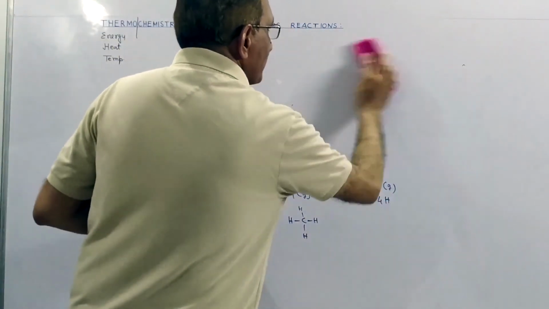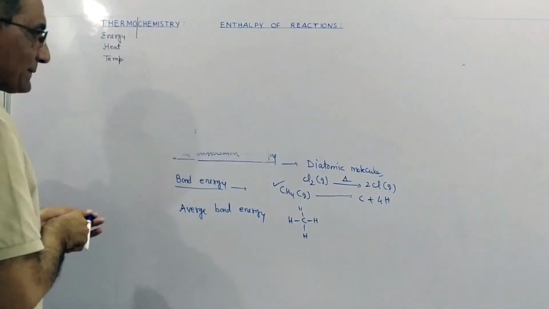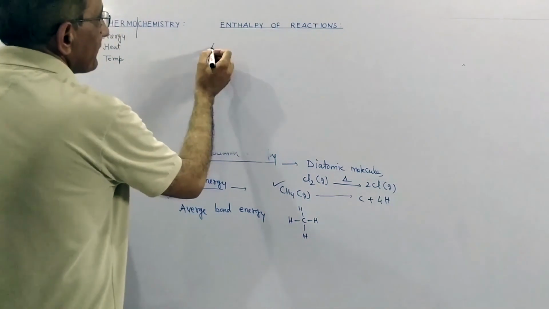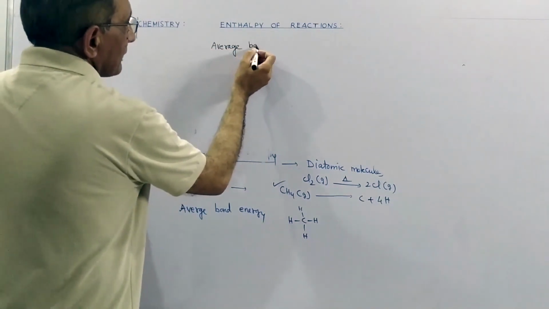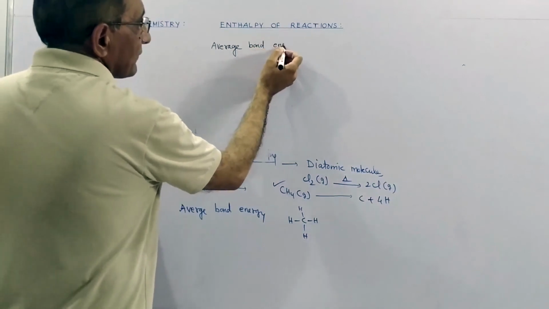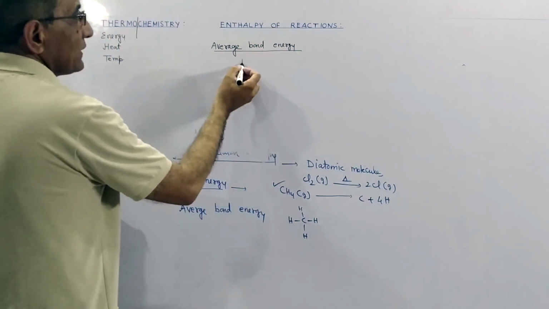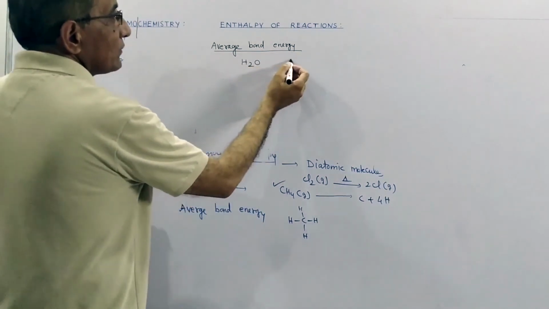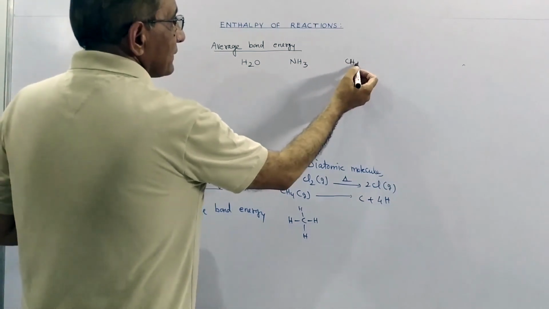And how it differs from other types of energy. Average bond energy. Consider these molecules: H2O, ammonia, and methane.